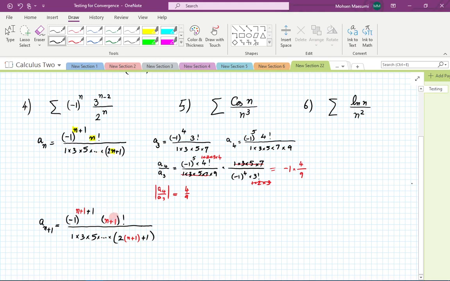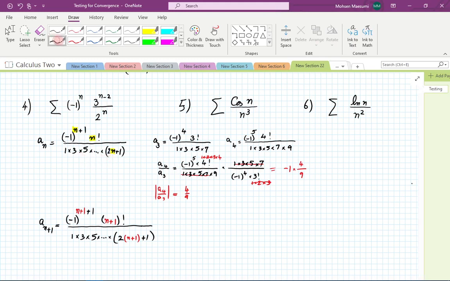Before I go any further, let me clarify some basic things. Sometimes students get confused as to what this thing really means. What is 1, 3, 5? Are you multiplying by dots or what? It has to be understood: start at 1, multiply all the way up to 2n plus 1, and whatever is needed in between, just include them.